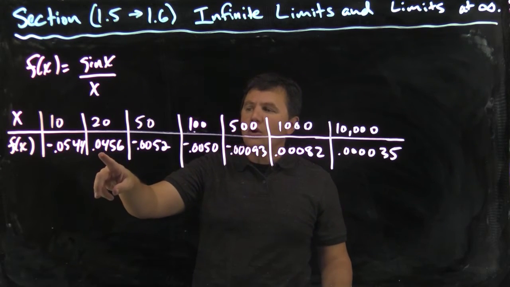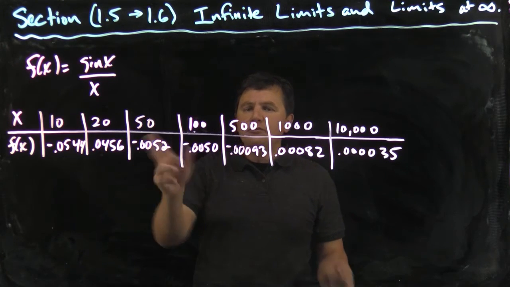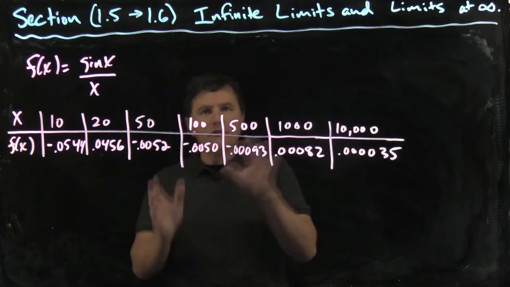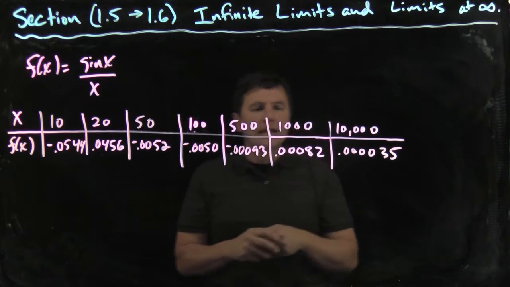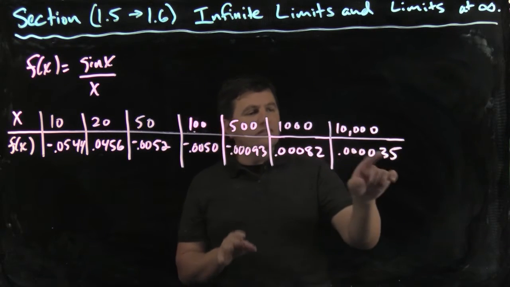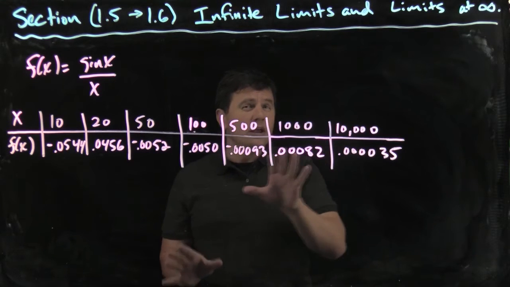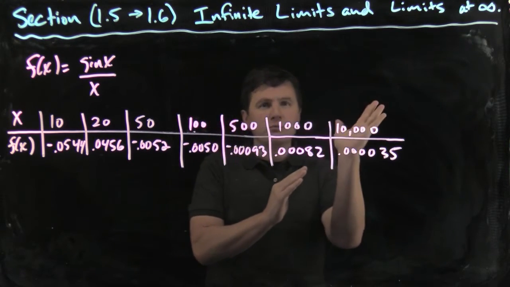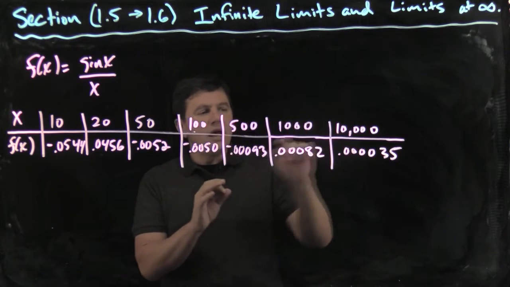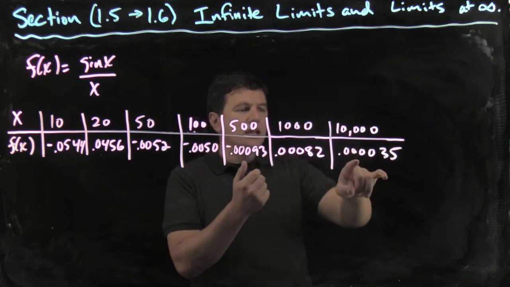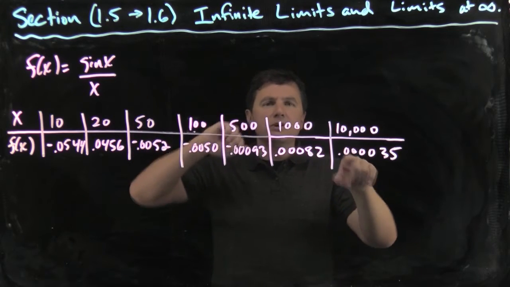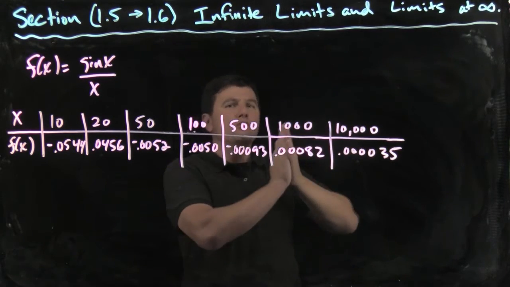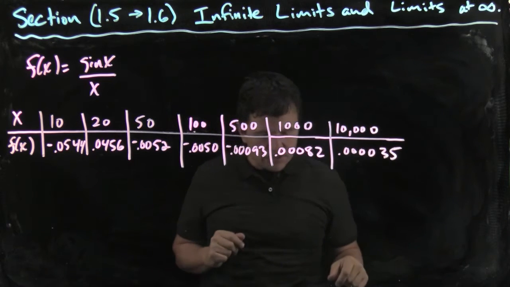But at 20, it goes positive, and then it keeps doing this. Throughout it has negative and positive values, all the way to infinity, but it still has this thing where it's getting closer and closer to 0. Now, with that wording, let's be clear, since it's oscillating, there are times where it's moving away from 0. But there's a window that we can always get it into, and it fits that definition, because you tell me how close you want it to 0, and I can find an x value from that point on. It'll always be that close to 0.